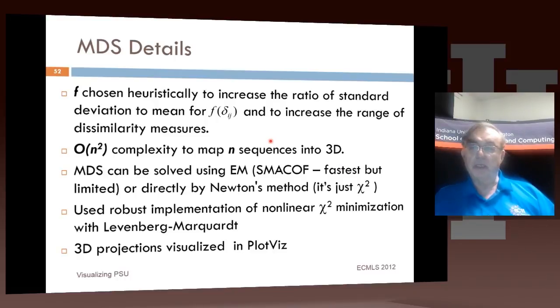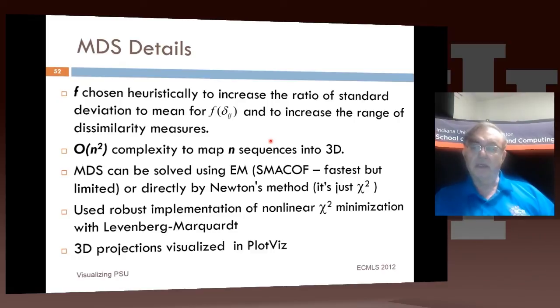So in this monotonic function, we try to choose that monotonic function to spread out the distance and make it have a broader range, because if you have a broader range, you'll get better mappings. If the distances are such that they're all very large and don't vary very much and they're all roughly the same number, which is what happens with the raw data, you'll get rather pathological mappings which don't look as good.